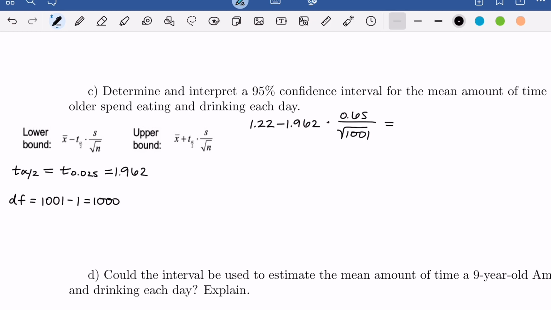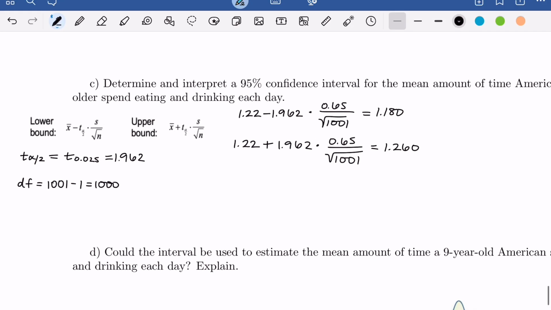Plugging this directly into a calculator here, we're going to get 1.180. Now for our upper bound, we're going to have 1.22 plus this product of our critical value times our sample standard deviation divided by the square root of our sample size. Plugging that directly into a calculator, we're going to get 1.260.